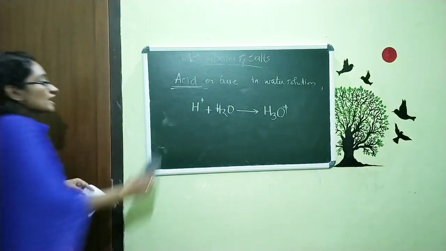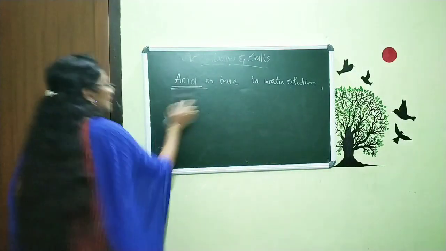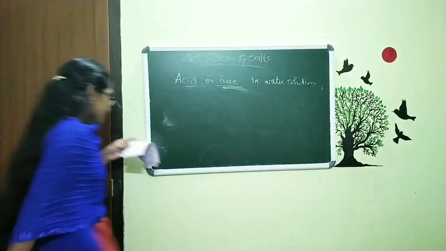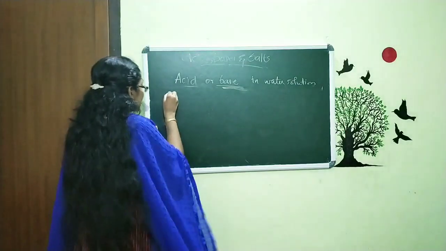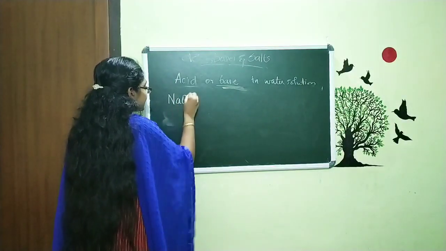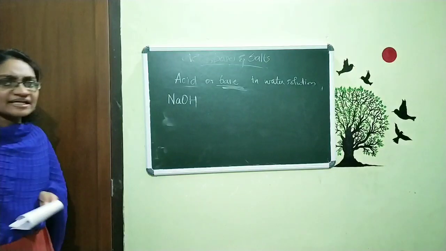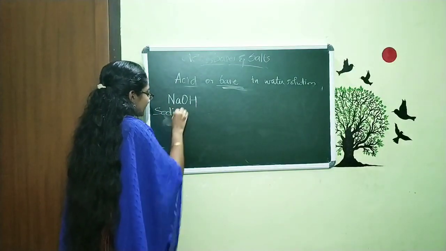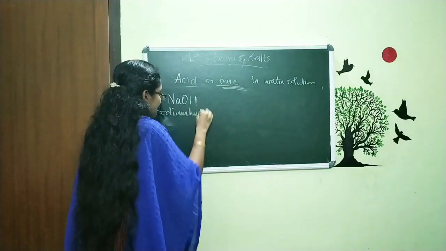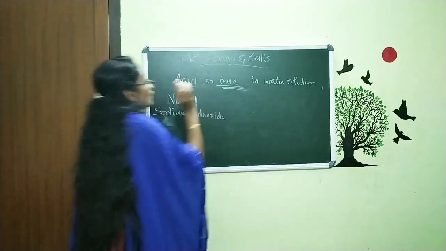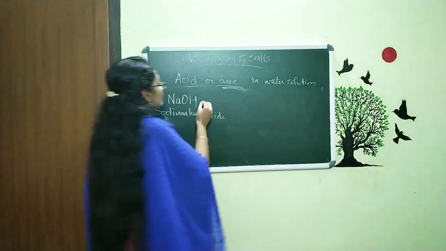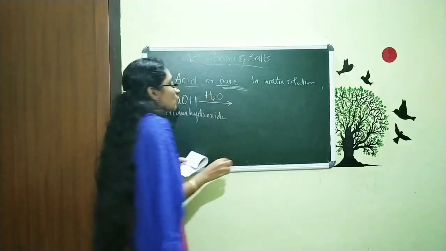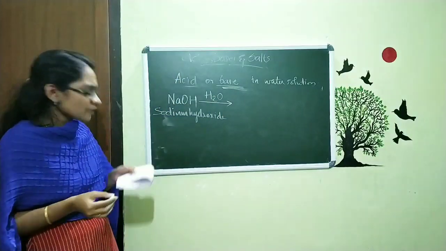For that we write the equations, and now we are going to check the base. The equation is for NaOH. What is NaOH? Sodium hydroxide. For sodium hydroxide, when we add water, H2O, what product do we get?